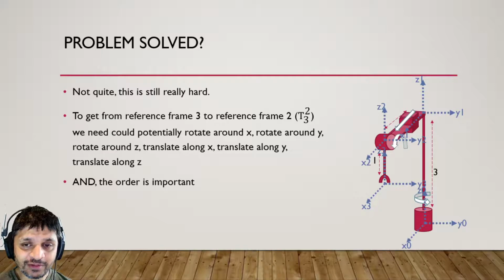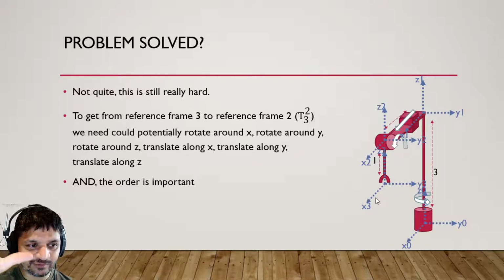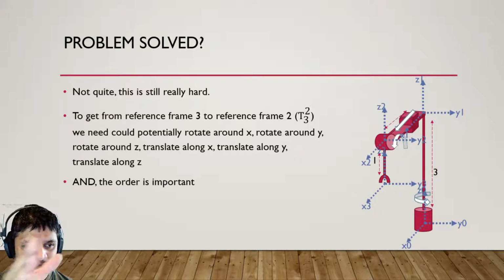The other problem is that the order of these transformations is super important. So let's say I said I need to rotate around X, right? I don't know if you can see my hand, but let's say my X-axis is my thumb and I'm rotating, right? That means my Z-axis, let's say this was my Z-axis, if I rotate around X, my Z-axis is now in a completely different place.